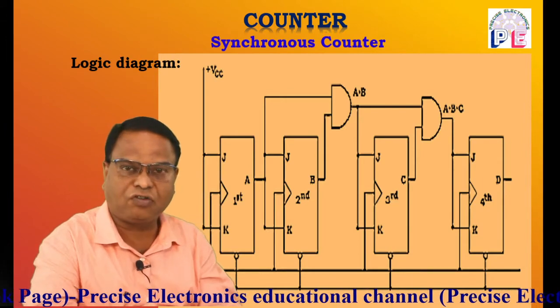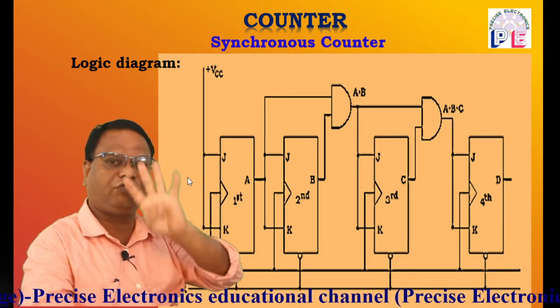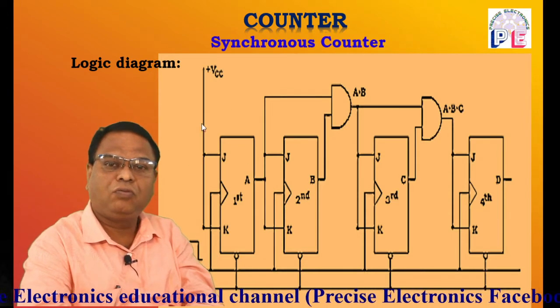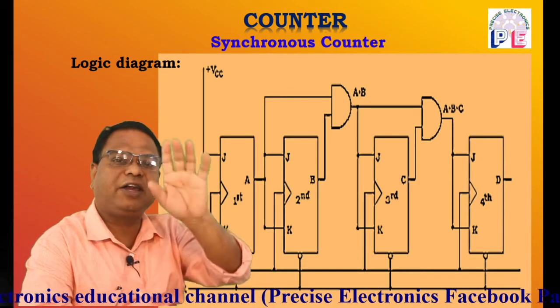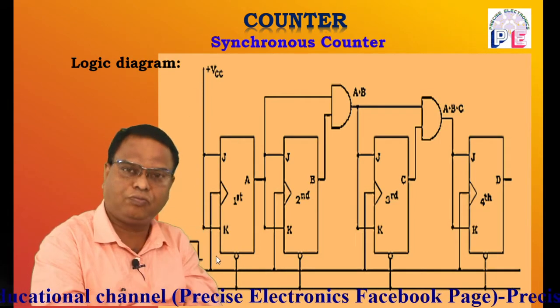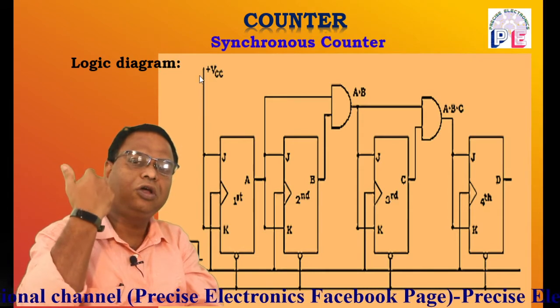So from this logic diagram, it is clear that 4 JK flip-flops are used. J and K inputs of the first flip-flop are short-circuited and connected to plus VCC. So obviously the first flip-flop is in toggle mode because both J and K are connected to plus VCC.